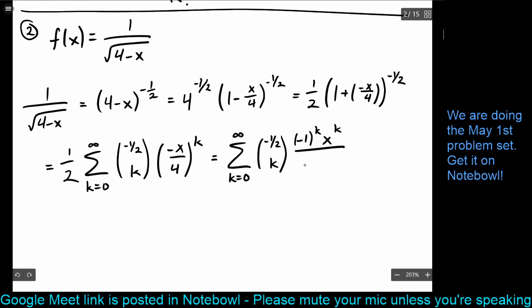Now down here we would have 4 to the k, but since I have this 2, I'm going to write this as 2 to the 2k plus 1. Right? And this honestly is probably the nicest way you're going to be able to express this Maclaurin series, with these binomial coefficients.